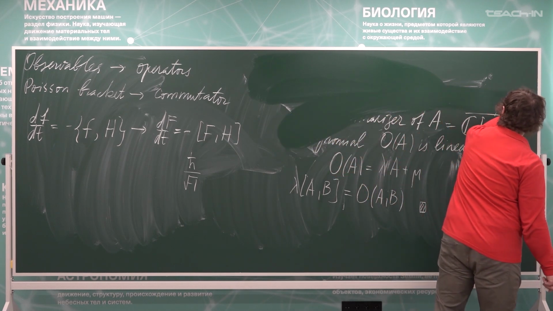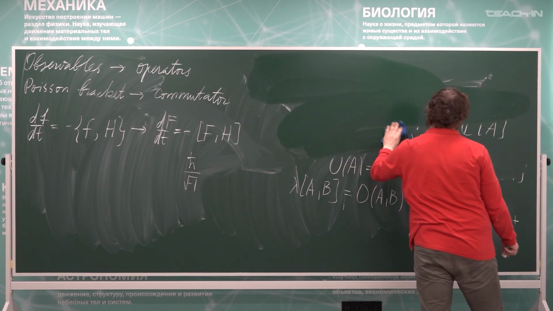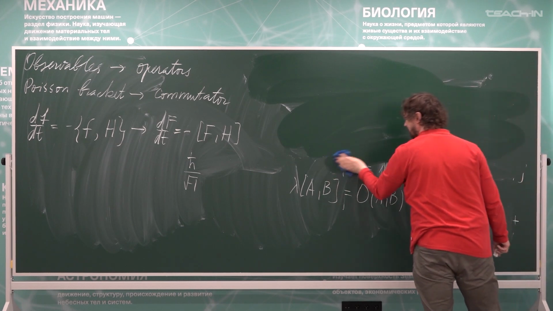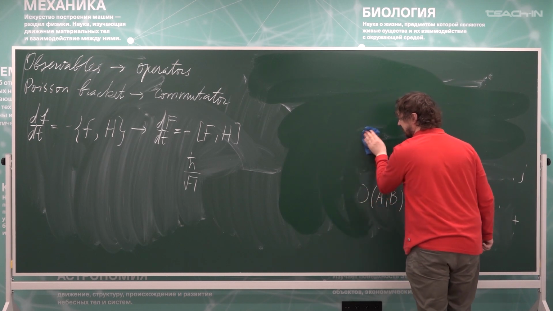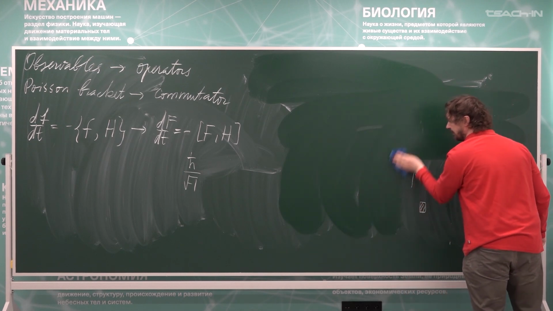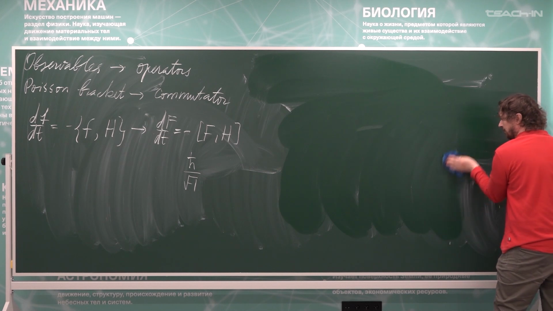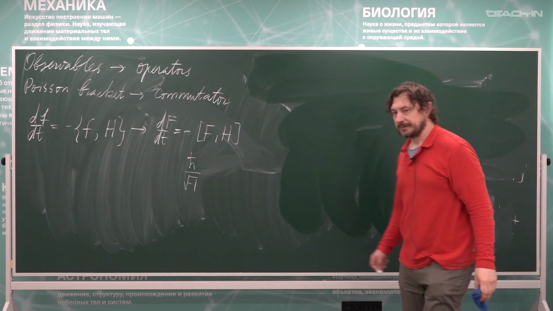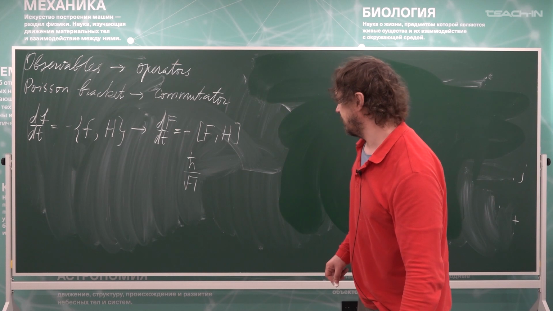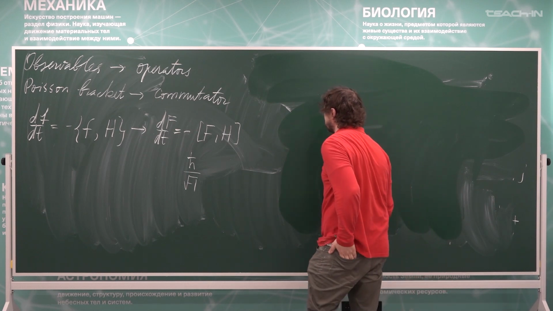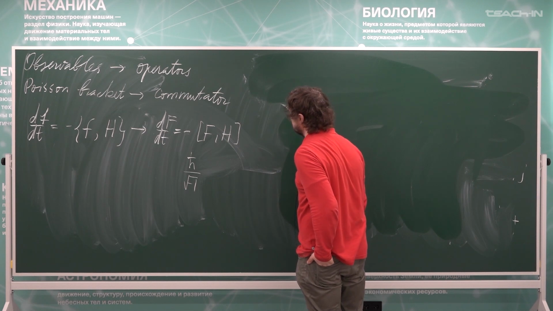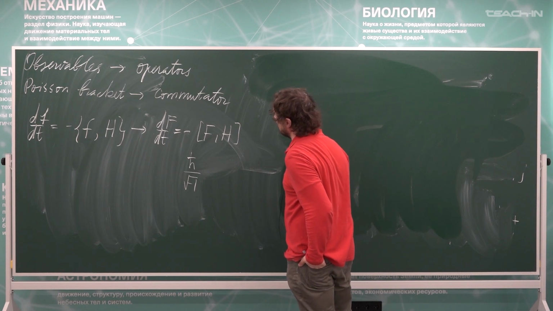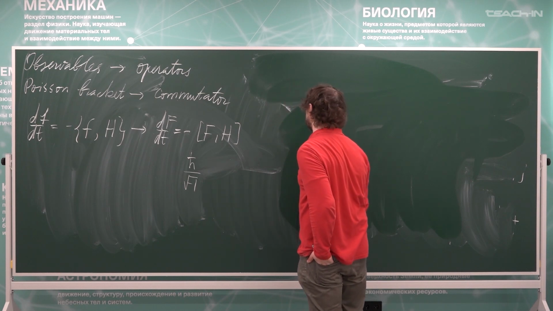Now, as I explained last time, the main quantization problem is to identify the operators that should correspond to one or another observable functions. In some situations, it is sufficient to know the operators that correspond to the coordinates on our classical phase space.